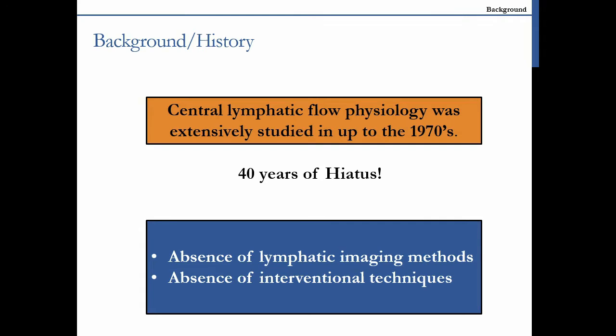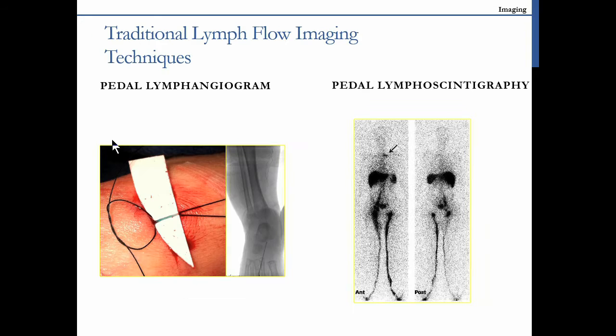There are obviously a lot of studies done on the rodent level, but nothing on humans. The reason is that it's extraordinarily difficult to image the lymphatic system, and there were no interventional techniques. This is what we used to have: pedal lymphangiogram and lymphoscintigraphy, and maybe another 2–3 obscure techniques.